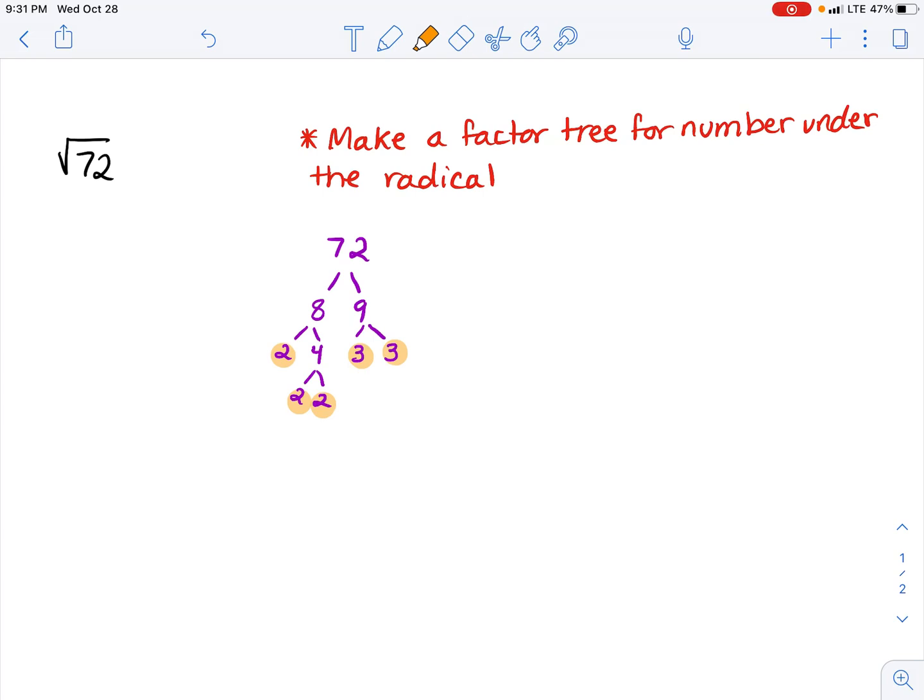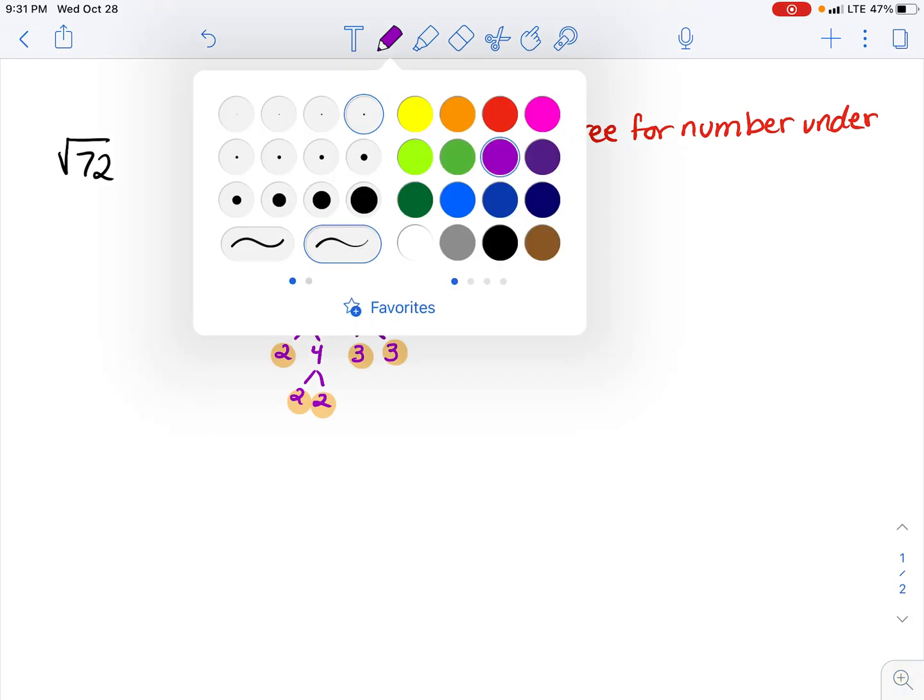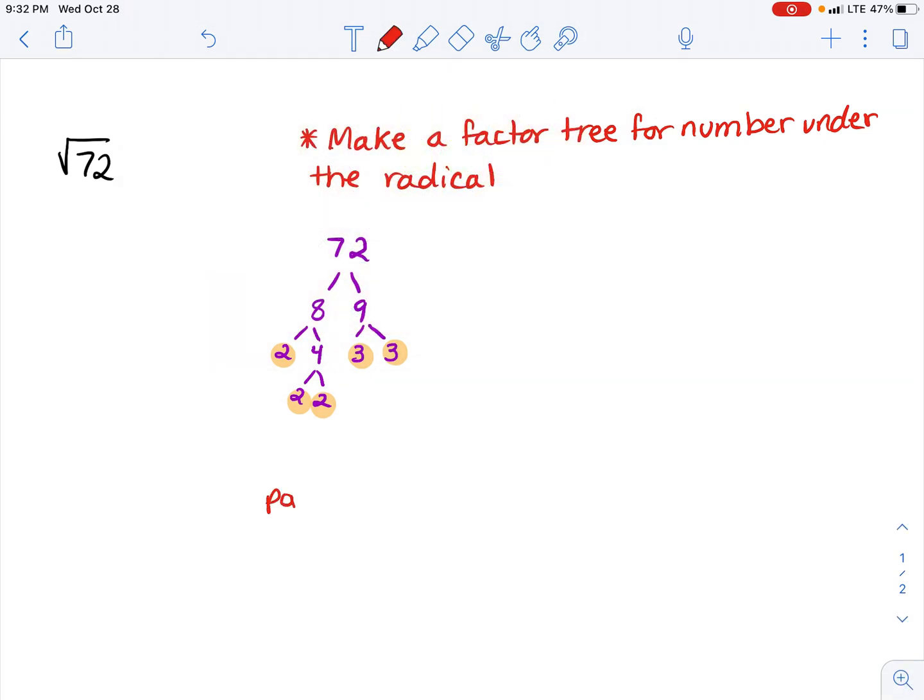And so now I want to figure out what are my pairs and what are my leftovers. Okay, so I see that I have a pair of 2s and I have a pair of 3s. And so with my pairs here, I have a pair of 2s, and then I also have a pair of 3s.